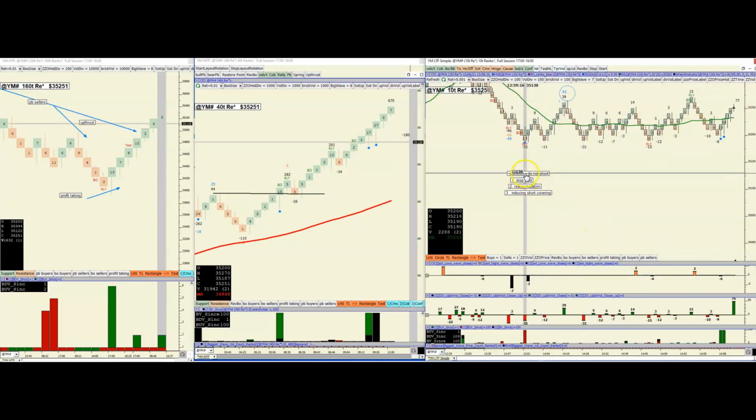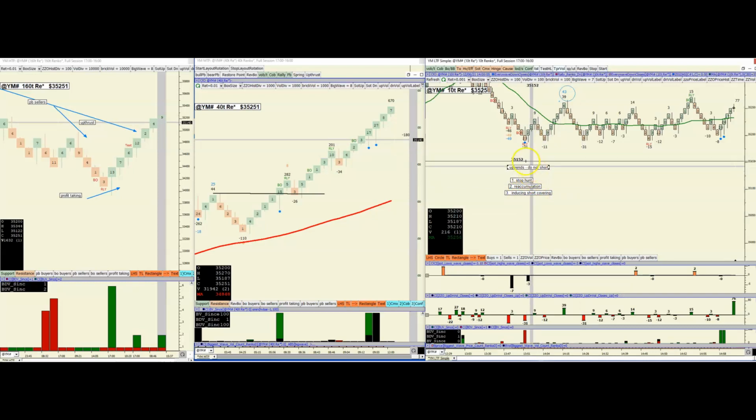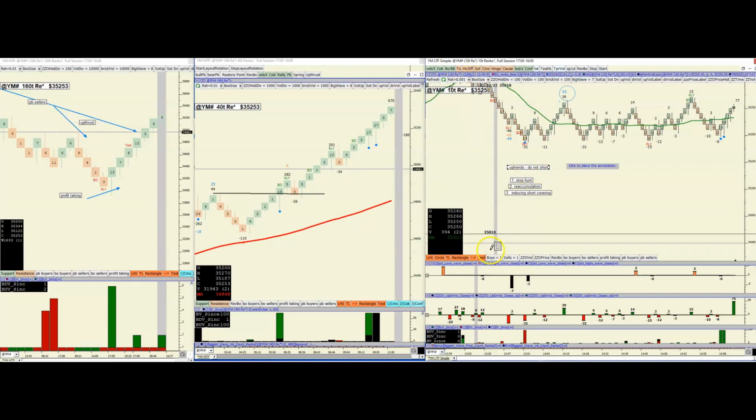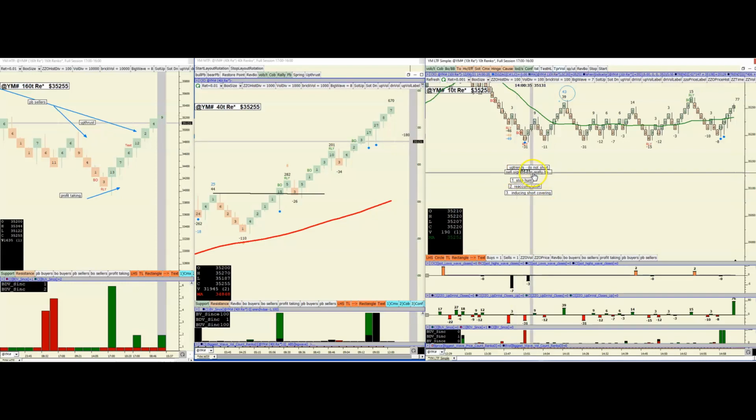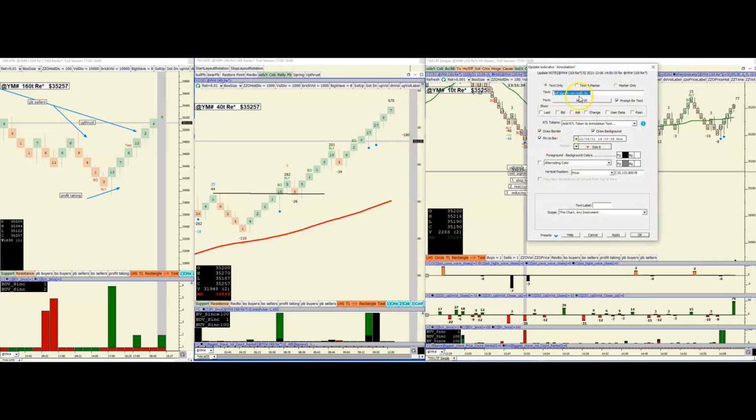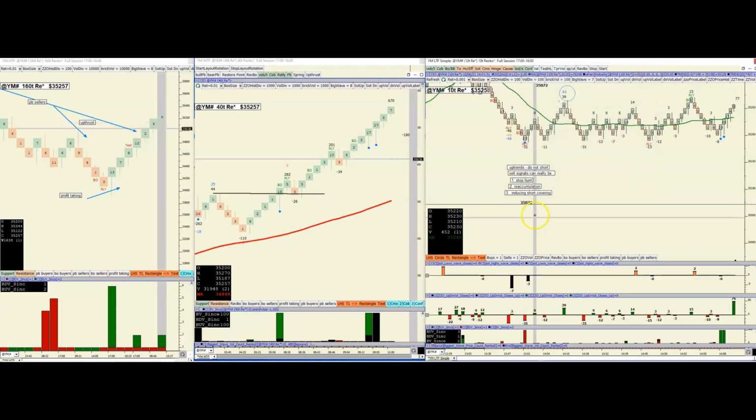All right. So in uptrends, do not short. Why? Because turning points, and in fact any sell signals, can really be something else.